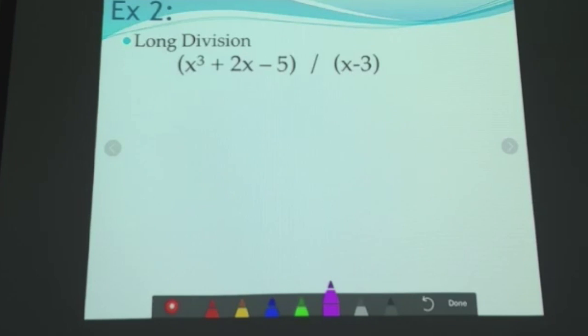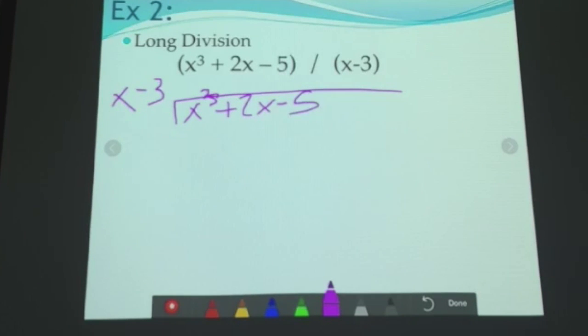My divisor is going to go out in front, so my x minus 3 is going to go out in front. And then my dividend goes inside of my symbol here. And there's no eraser in this program, so please just bear with me with my terrible writing.